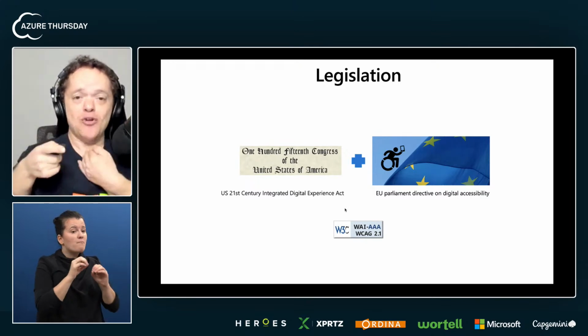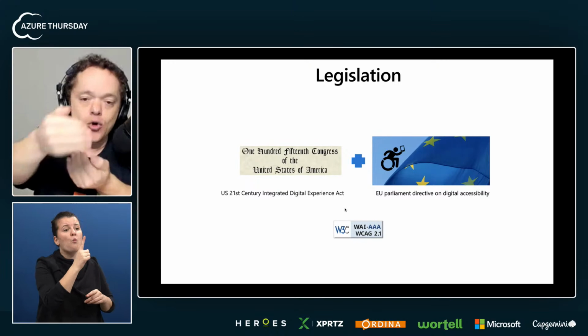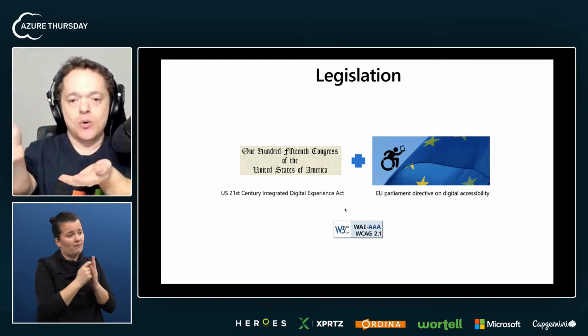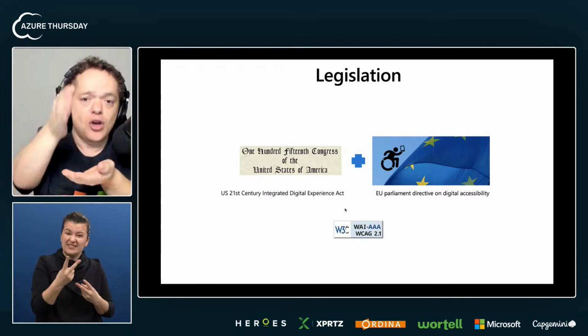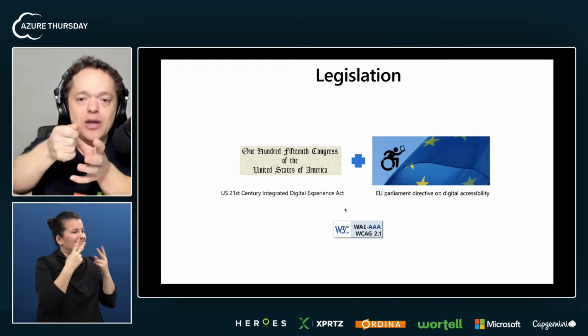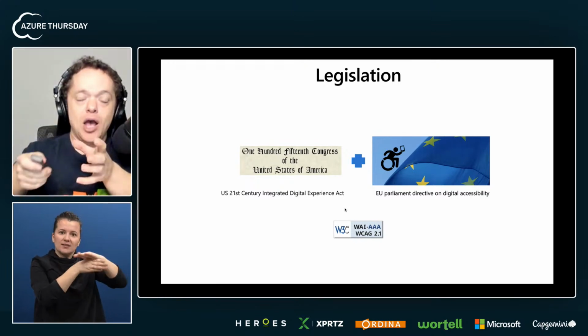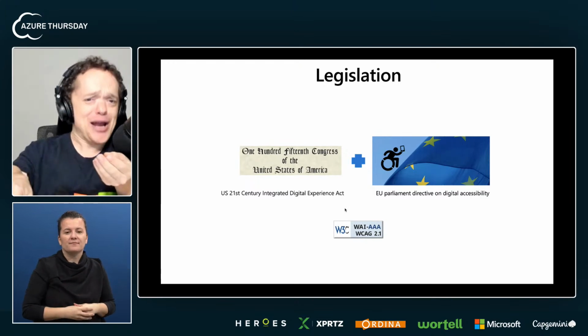And at Microsoft, we're also seeing that, because we want to get ahead of the curve. So everything we do now is accessible. You go to Microsoft.com, you go to the Office sites, you even go to Azure. It's all accessible because we see that the stick is coming and we don't want to be bedonderd. That's an Afrikaans word for hit really hard.